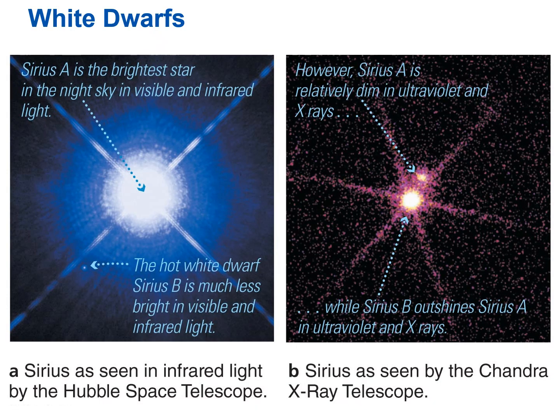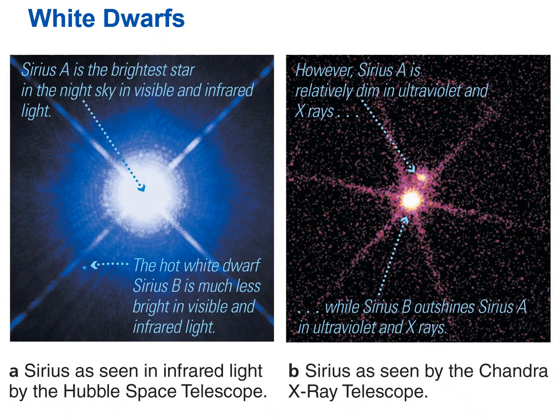Look at this picture. This is a picture of Sirius. It's the brightest star in the night sky. And it's actually a double star. It's 2 stars, Sirius A and Sirius B. Now on the left is a picture taken with infrared light, and that's pretty close to visible light.